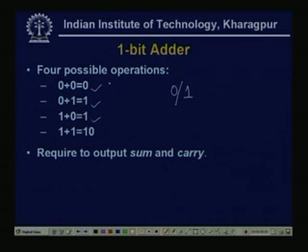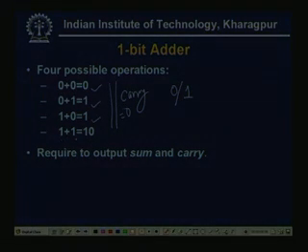In all these 3 cases, the carry is 0. Now, 1 plus 1 is 1 0. So, in binary, this is 1 1 1 and actually 1 0.